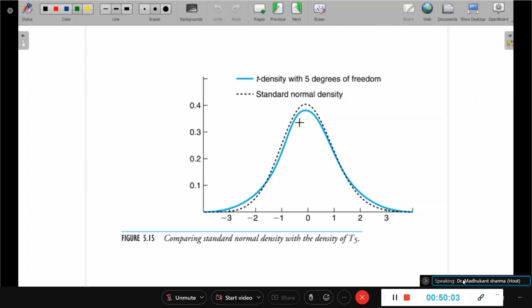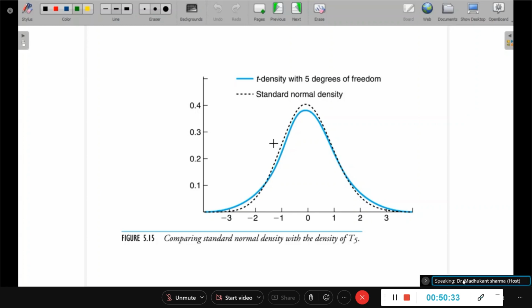If you plot the standard normal density function and T density with 5 degrees of freedom, you can see how much similarity both curves have. The error is almost negligible. You can use 6 or 7 degrees of freedom and improve your curve, and ultimately it converges to the normal distribution.